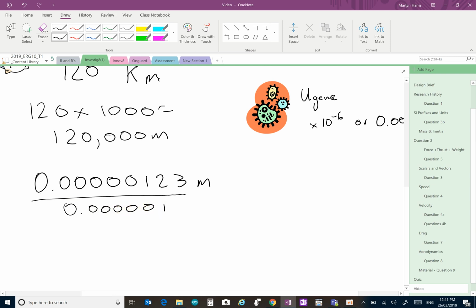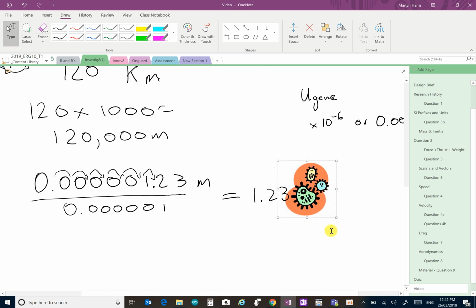The simple way to do this is just to jump the decimal point 6 spots backwards. So it would be jumping back once, twice, 3 times, 4 times, 5 and 6. So we end up with 1.23 Eugene meters.